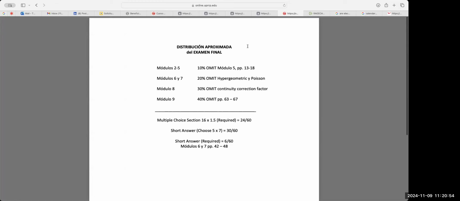This is from the link called Distribución Aproximada del Examen Final. And there you go: 16 multiple choice questions, 5 out of 7 short answer, and then one problem that comes from modules 6 and 7, pages 42 to 48. And that's it. This is the emphasis for the exam.